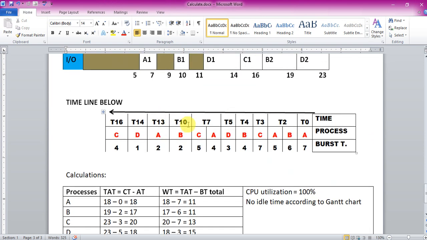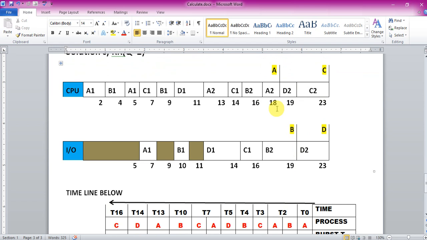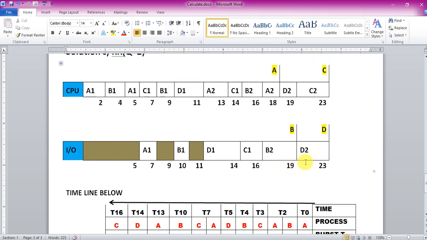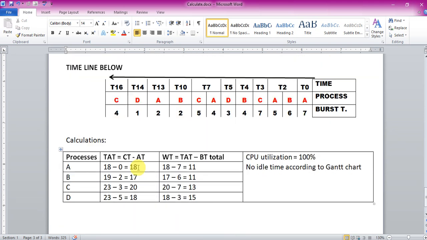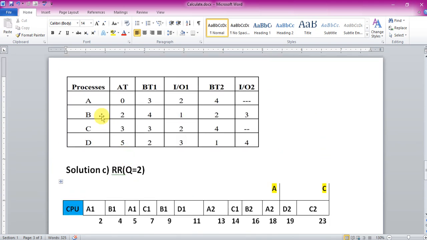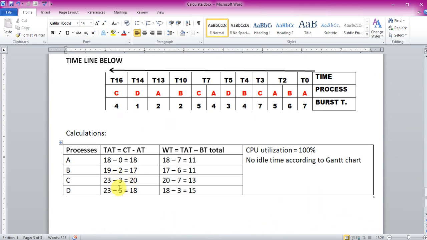As you see, the completion time for A is 18, for B is 19, for C is 23, and for D too. So 18 minus 0, because of the arrival time for processes A, B, C, D, which is 0 to 3. Subtracting the arrival time from each completion time, it will be 18, 17, 18.